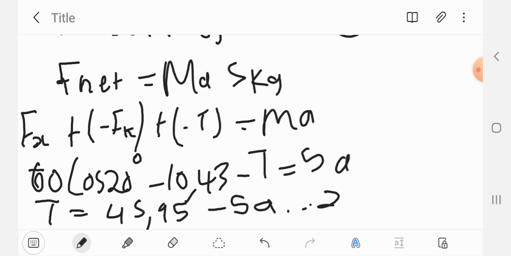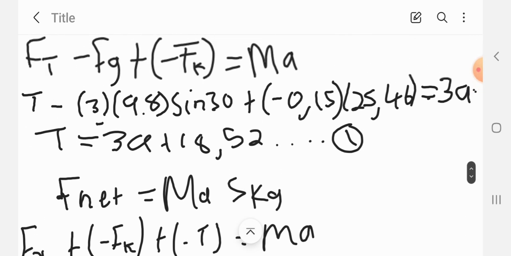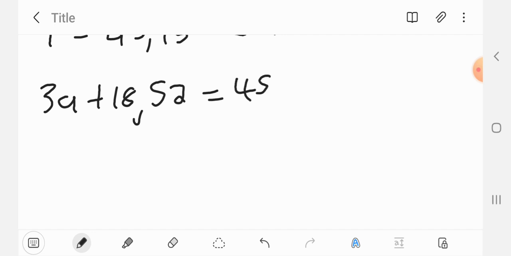So we have two things which are unknown. T equals 45,95 minus 5a, and T is also equal to 3a plus 18,52. So here is what we're going to do. We're not even going to write T because they're both T. We're going to write 3a plus 18,52 equals 45,95 minus 5a.